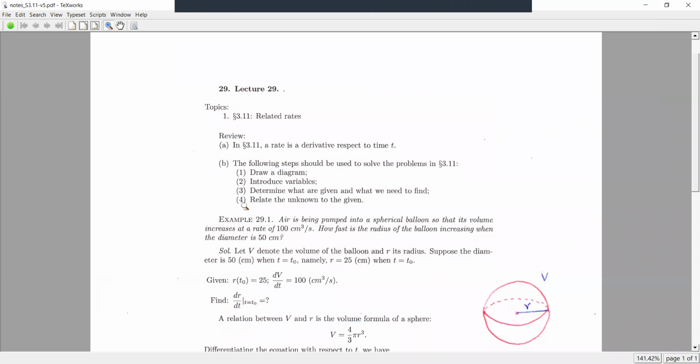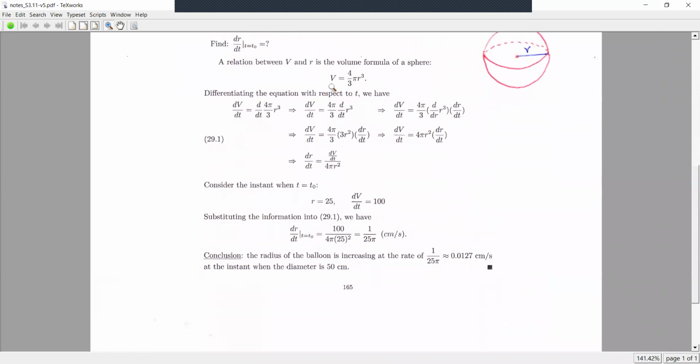Step 4. Relate the unknown to the given. A relation between the volume and the radius is from the volume formula of a sphere. The volume is 4/3 times pi times r to the third.